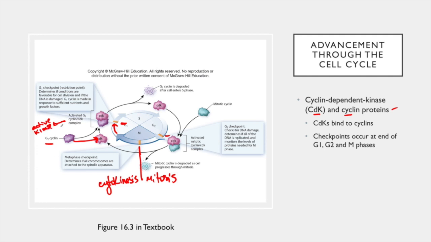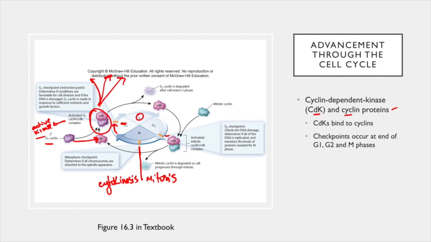When it works as a kinase, the kinases phosphorylate. So this CDK complex is now going to reach out to other proteins that are associated with DNA replication and begin activating those proteins associated with DNA replication and with running the S phase.